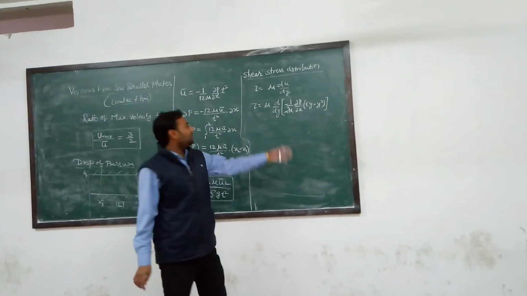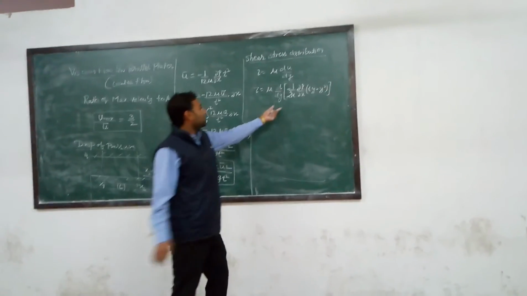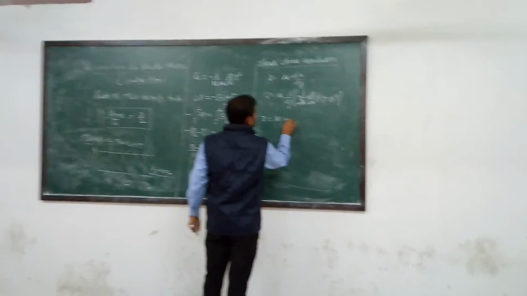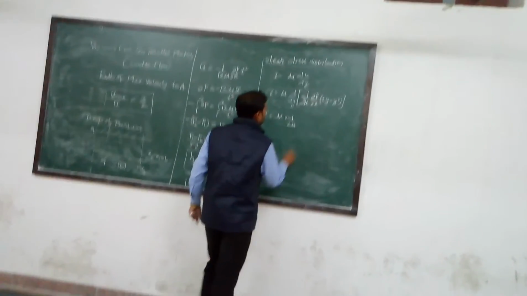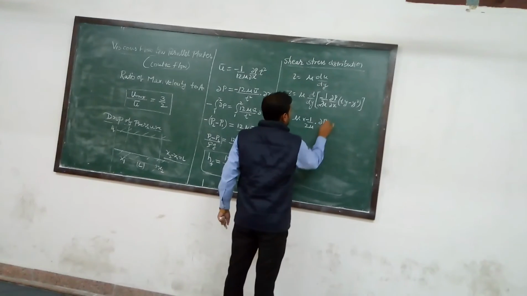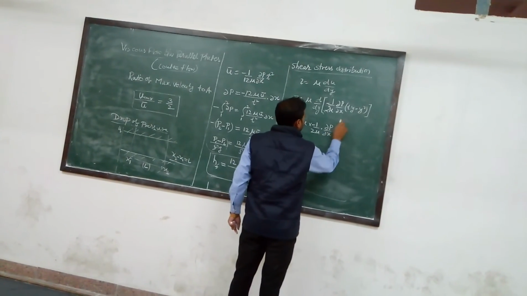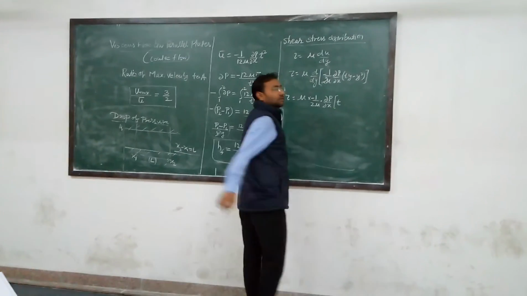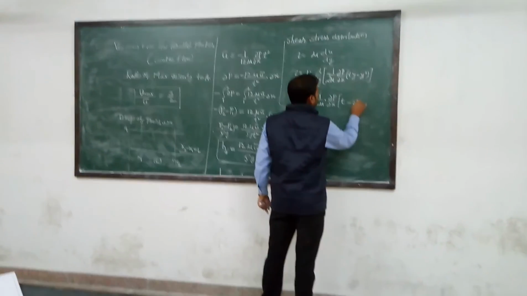So just differentiate it with respect to y. Tau will be mu multiplied by minus 1 by 2 mu into del p by del x, and the differentiation will become T minus 2y.